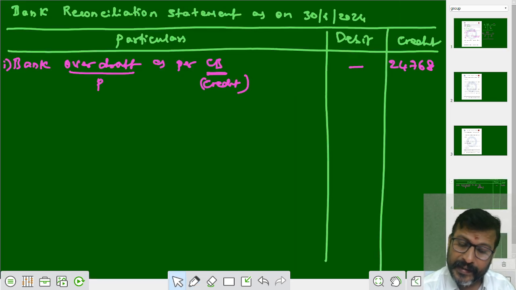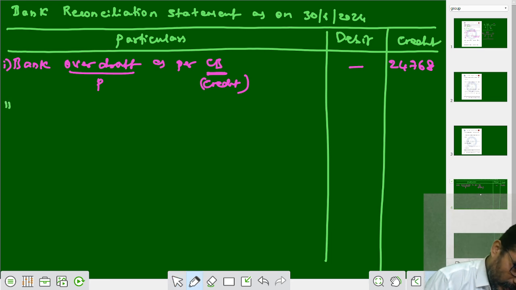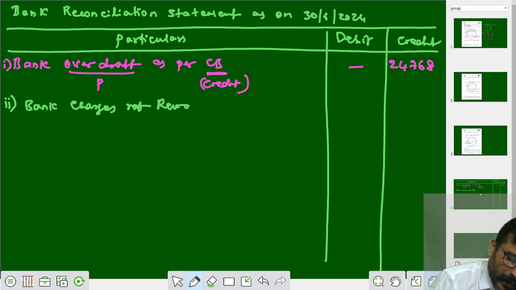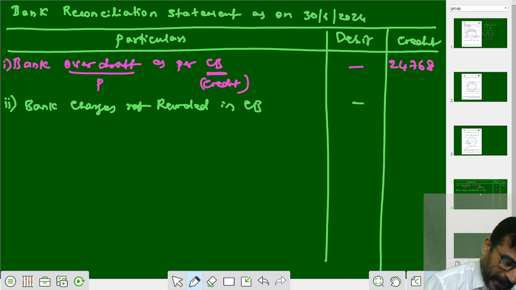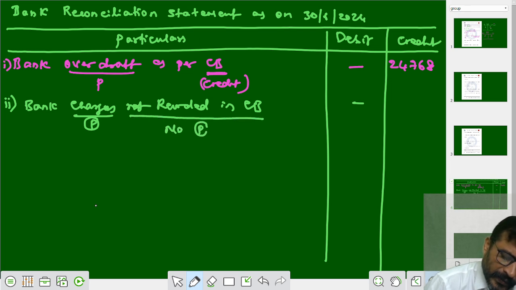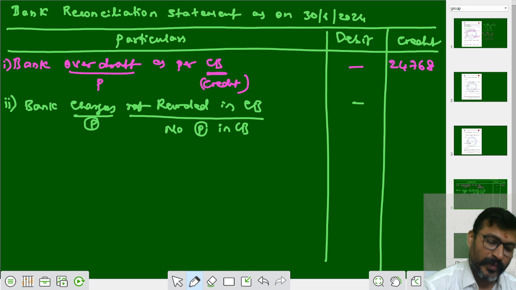So now let us write point number 2: bank charges not recorded in the cash book. Bank charges means payment. Not recorded in the cash book means no credit in the cash book. So it is to be taken on the credit side.